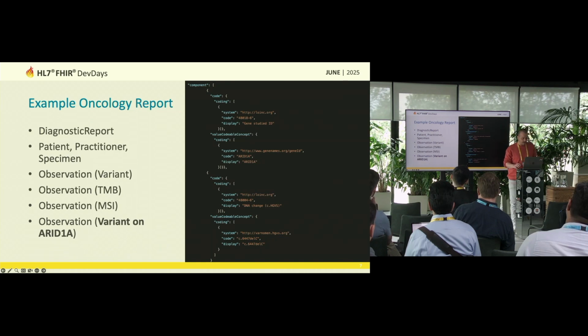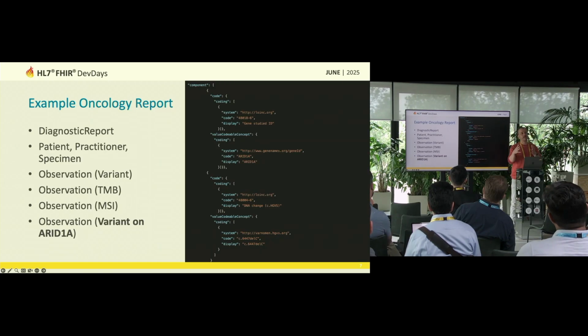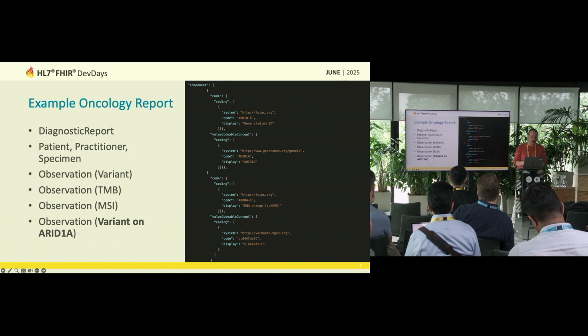This consists of a diagnostic report, which is the broad structure, pointing to all the relevant observations, pointing to the patient, to the involved practitioners, which specimens were used, which variants were identified, or sometimes called mutations, so which parts of the genome were changed compared to a reference genome. Then we have other observations which are more like tumor markers like TMB, MSI, and I also have a specific variant in one of the upcoming slides.